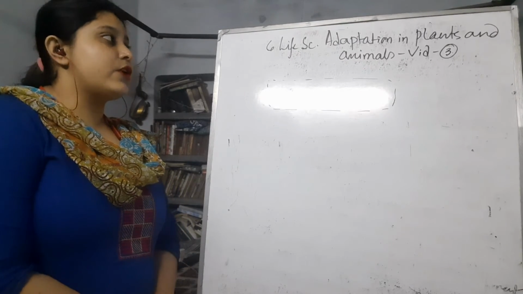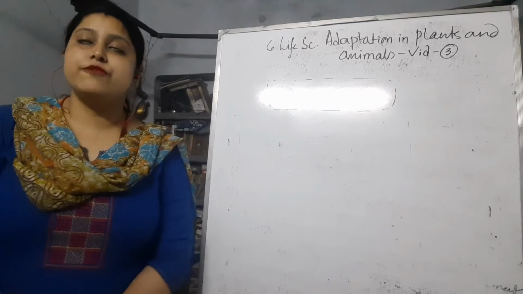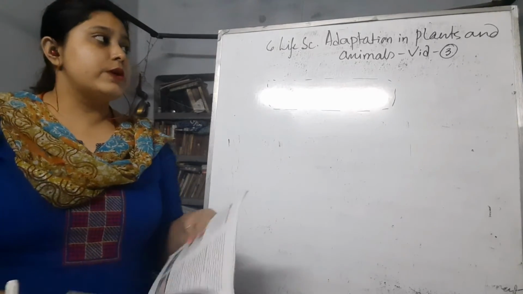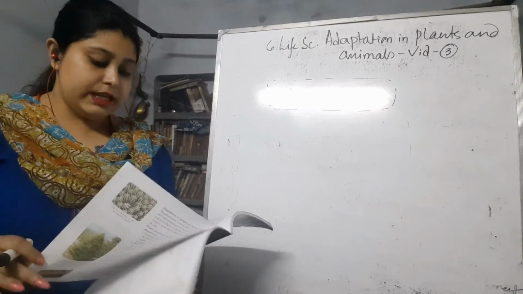This video is for class 6 life science, and the chapter that I am going to continue is the adaptation of plants and animals. This video is part 3. In the previous video we discussed the details about hydrophytes.